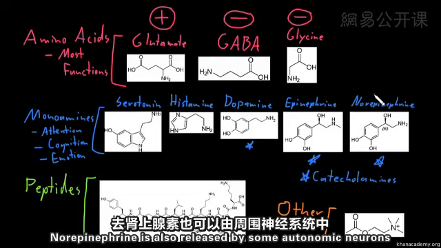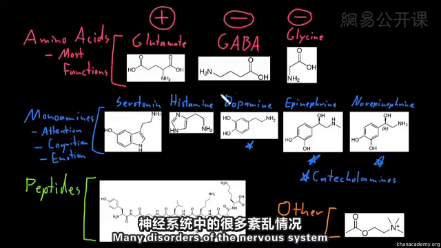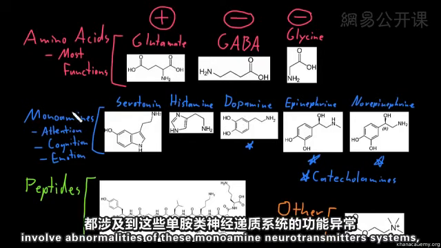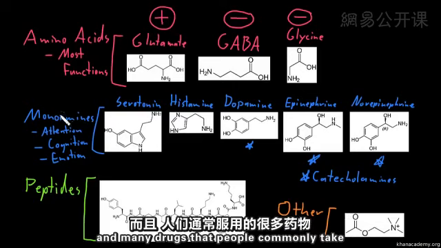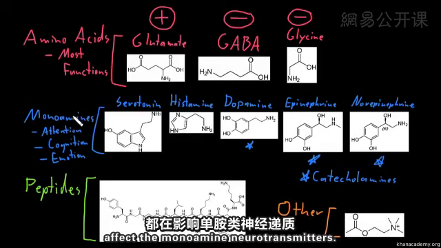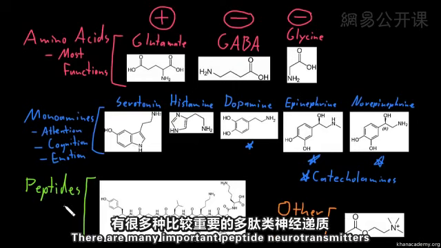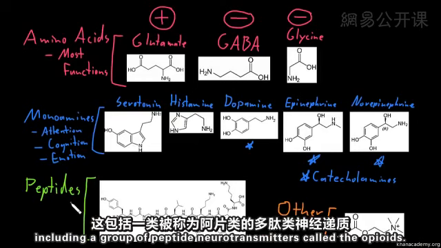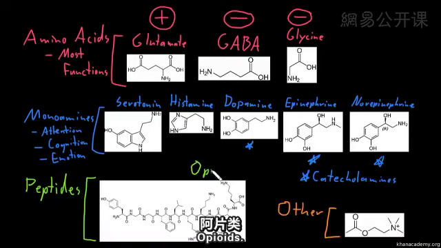Norepinephrine is also released by some autonomic neurons in the peripheral nervous system. Many disorders of the nervous system involve abnormalities of these monoamine neurotransmitter systems, and many drugs that people commonly take affect the monoamine neurotransmitters.